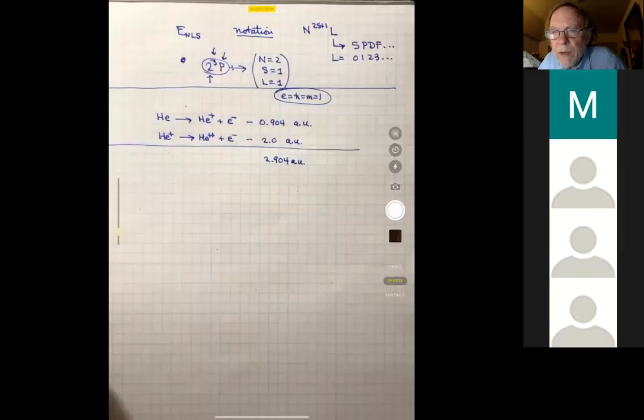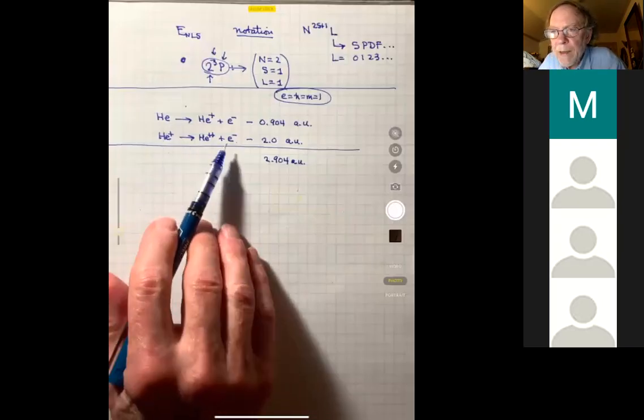In the case of electrostatics, think about a course like 110, a bunch of charged particles. It's fairly common to regard the state of zero potential energy to be one in which all the particles are removed to infinity, at an infinite distance from one another. Well, that's just what we've done by the double ionization of helium.